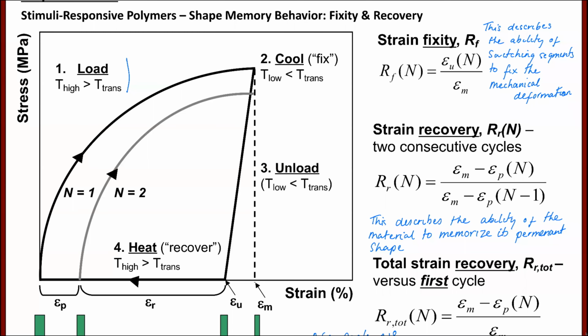So you can keep doing this continually to work out whether you're getting the original shape back, whether you're getting incomplete recovery, whether you're getting incomplete fixity, and whether you can modulate that temporary shape. So it's fairly straightforward. You're just trying to heat, fix, and then recover, heat, fix, recover, and you're trying to measure the effectiveness of your material to do that.